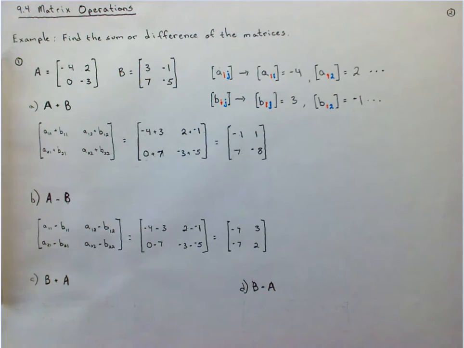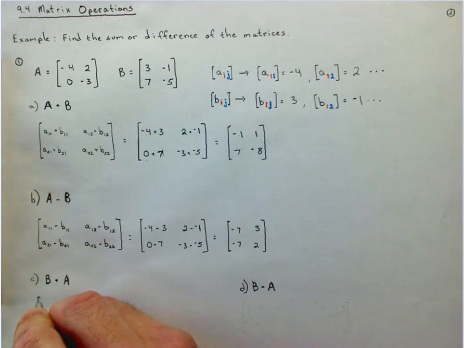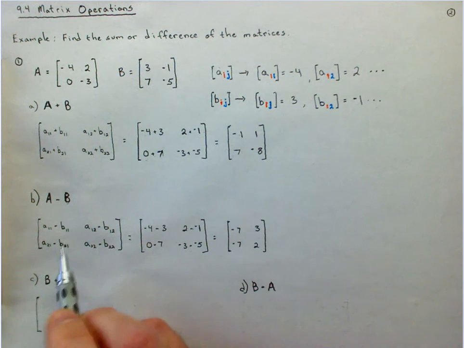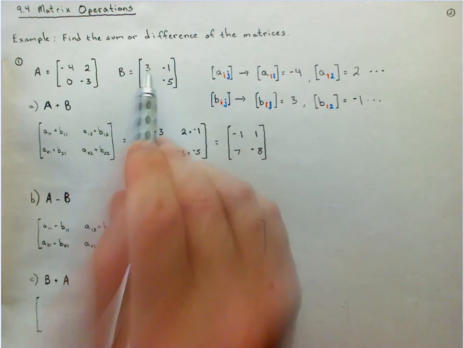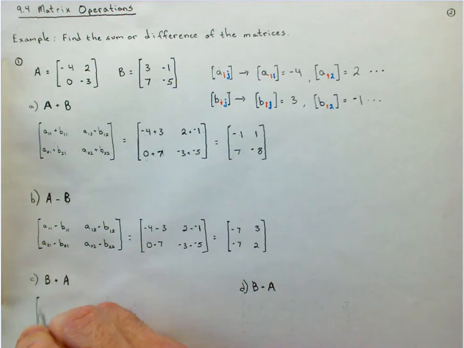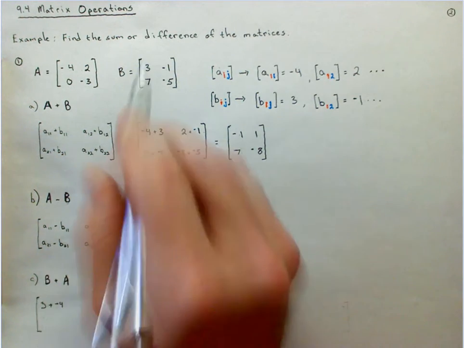Alright, so I have B plus A. I'll write this out first. I'm going to take the entries and write them as they correspond. So I'm going to say 3 plus a negative 4 for 1 1.